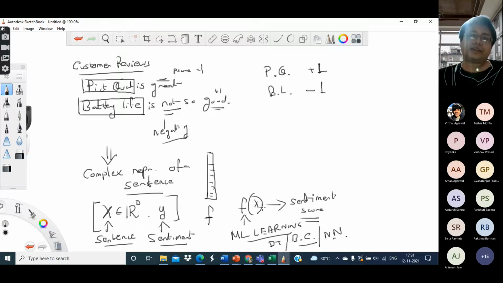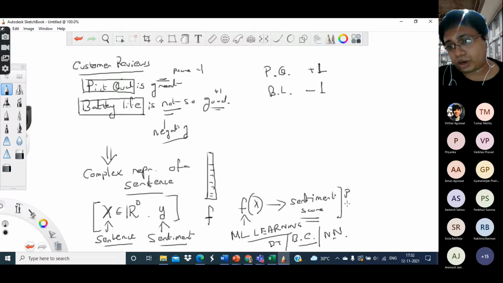In this case, the feature vectors are the sentences, somehow expressed as a d-dimensional vector, and then mapped to a sentiment score, which is either positive, negative or neutral.